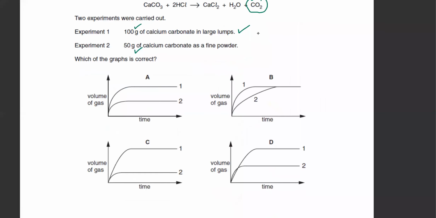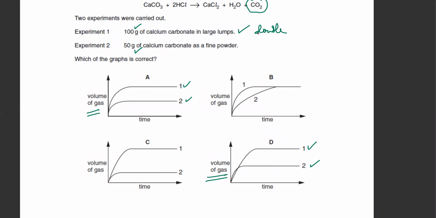So when I look at the graph, this is correct, 1 will produce more carbon dioxide. And 1 would produce exactly double the amount, because the mass you added is double. Remember, this axis is volume of carbon dioxide.